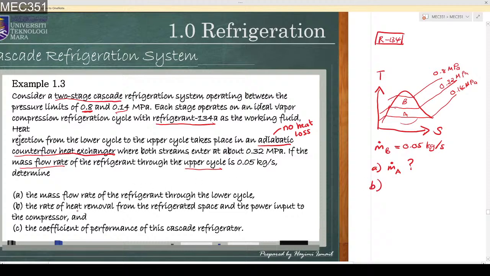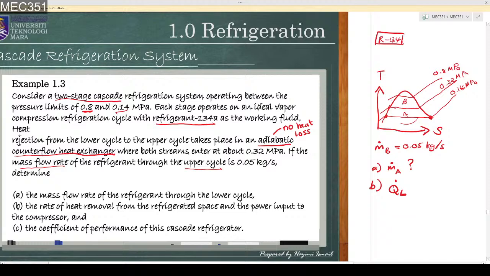Then the rate of heat removal from the refrigerated space and the power input to the compressor. Where does the heat removal from the refrigerated space happen in the system? It is between here and here. So we have to know the Q dot L and the power input to the compressor.